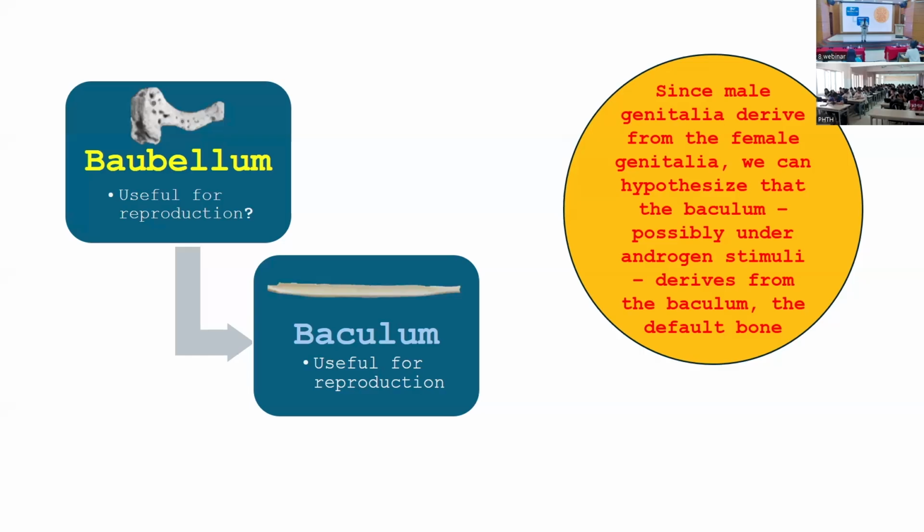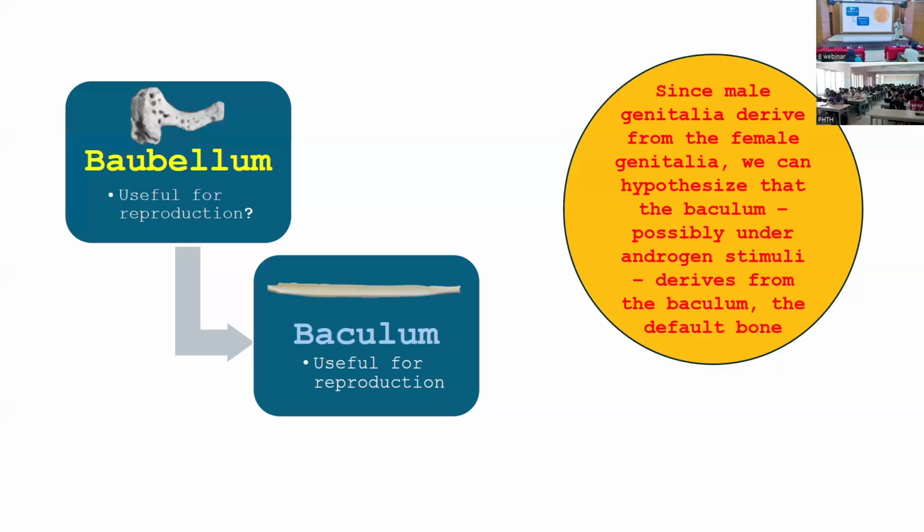Without any of those things that I mentioned, SRY, testosterone, receptors for testosterone, I will become female. So the default model is a female. We are all female here. Some of us are transformed into male during the fetal life, but the default model is the female one.